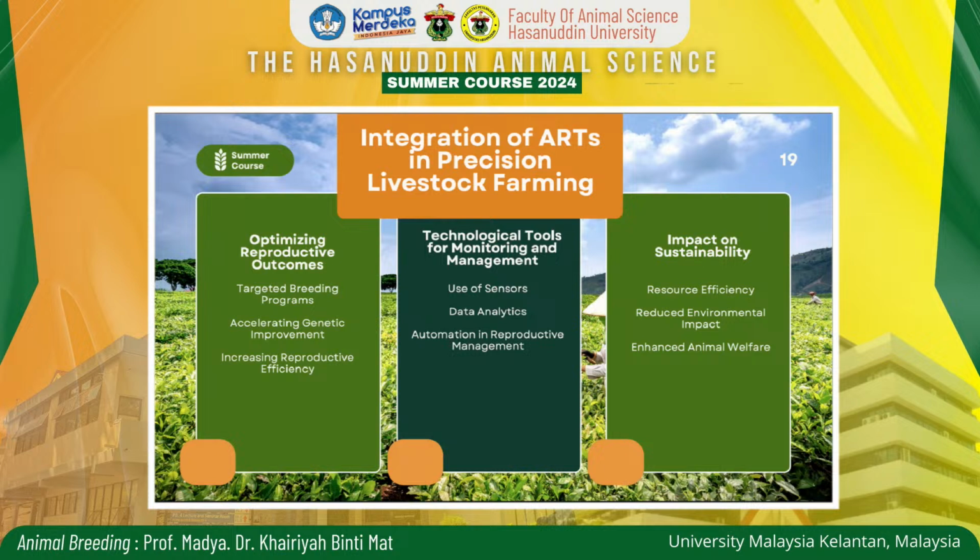All the data will be analyzed, and data analytics can be used to translate all the information. And other than that, including automation in reproductive management. So for example, a robotic milking machine. That robotic milking machine can not only harvest the milk, but also record all the information of the female that they're milking.